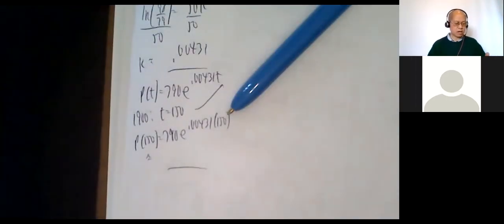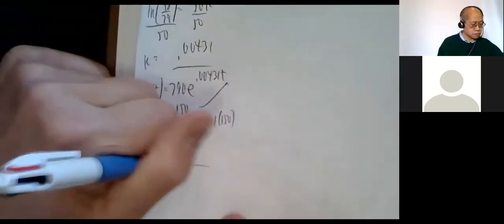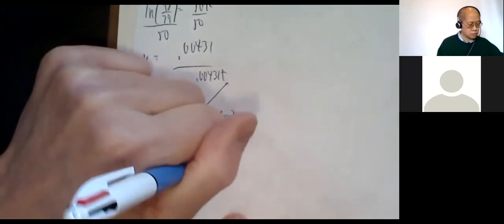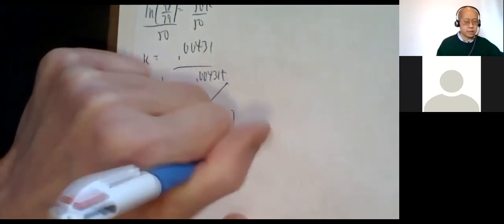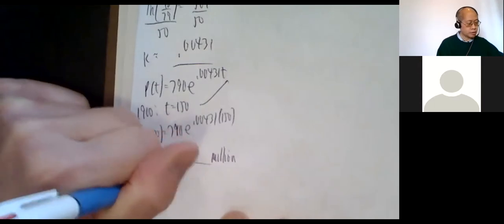Okay, 790 e to the 150 times the answer, 1508. And these are millions, or you can say 1.5 billion.